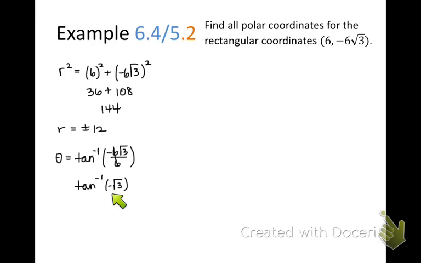Which quadrants are your tangent values negative? Quadrants 2 and 4. So in quadrant 2, what is your reference angle to pi over 3 in quadrant 2?